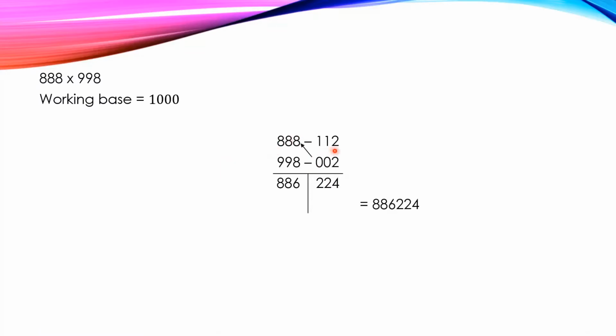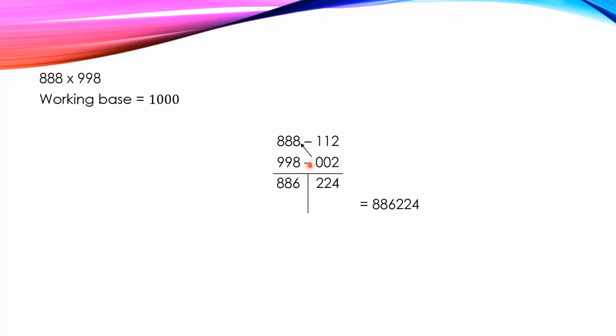888 has a big gap, whereas 998 has a small gap. When we take the base as 1000, it doesn't take much effort. But if we take a number between these, it will take a long time.